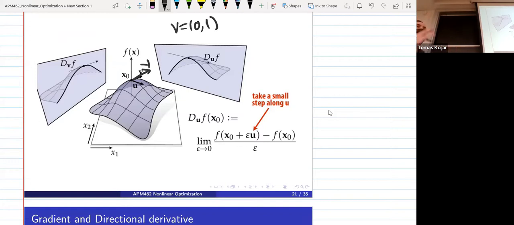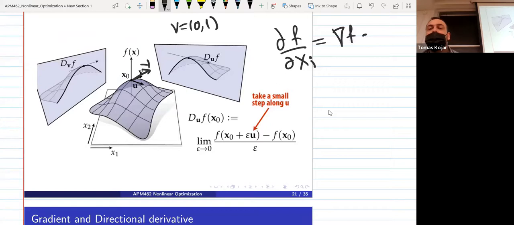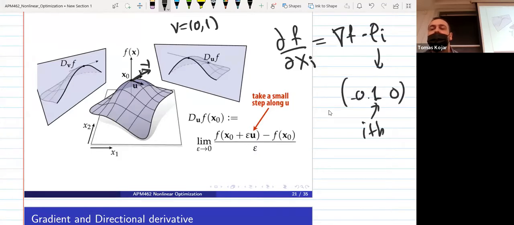Let me say it this way: if you want to find the partial derivative of f in the direction x_i, take the gradient of f dotted with e_i, where e_i has a 1 in the ith location.